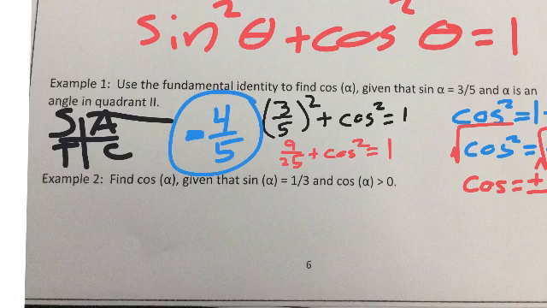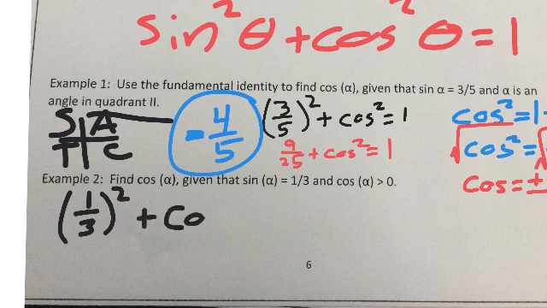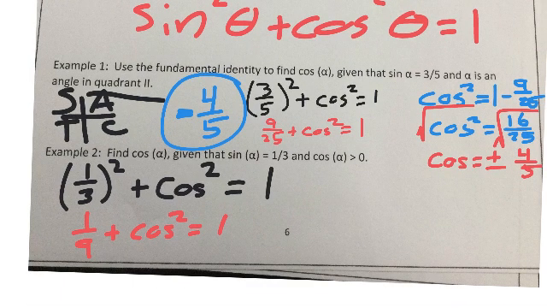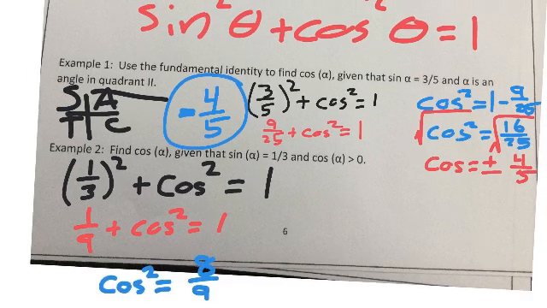Okay, now plugging into the fundamental identity, sine is 1/3. So we're looking at 1/3 squared plus cosine squared equals 1. And same thing, we're just going to solve. So that's going to be 1/9 plus cosine squared equals 1. We move the 1/9 over. So that gives me cosine squared equals 1 minus 1/9, or 8/9.